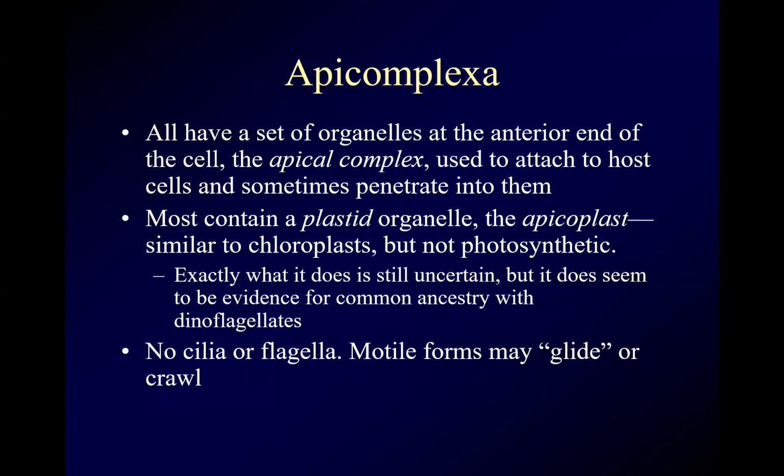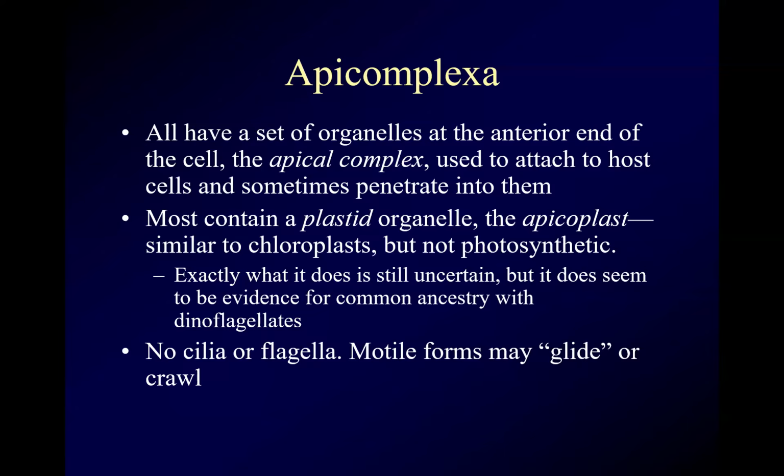And the apical complex is used to attach to host cells and in many cases to penetrate into host cells completely. Although the ones we're going to see on Friday do not penetrate into host cells.